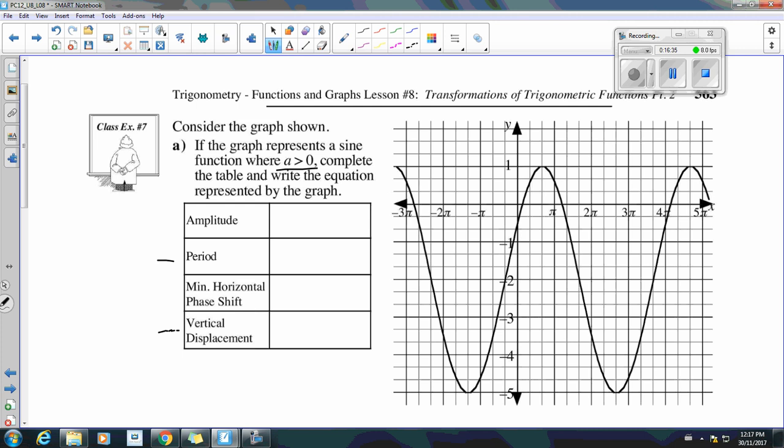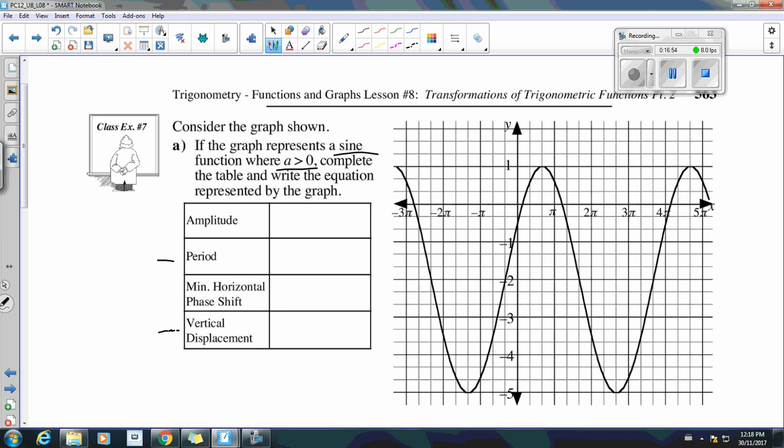Does it tell me whether I need to use sine or cosine? Oh no, it does say sine. The graph represents a sine function, so we're going to write it as a sine function.